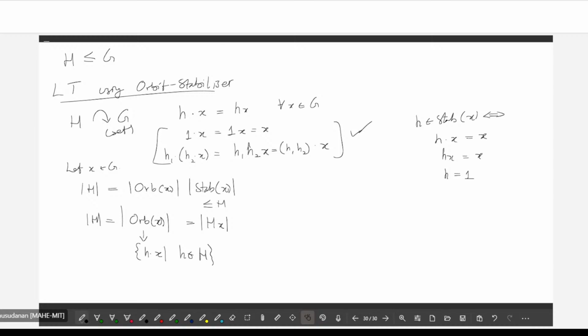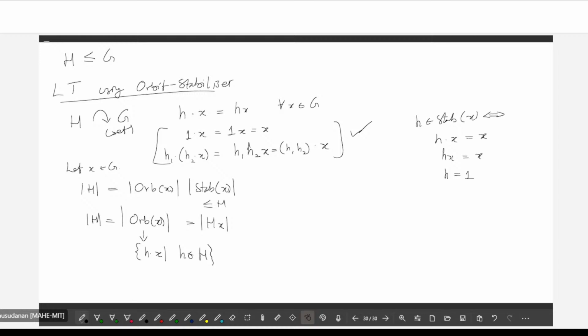This tells you that every right coset has the same order. And then you know that G is partitioned into these, and the rest of the argument is the same as the usual proof of Lagrange's theorem. But from this, you immediately get that every right coset has the same number of elements.